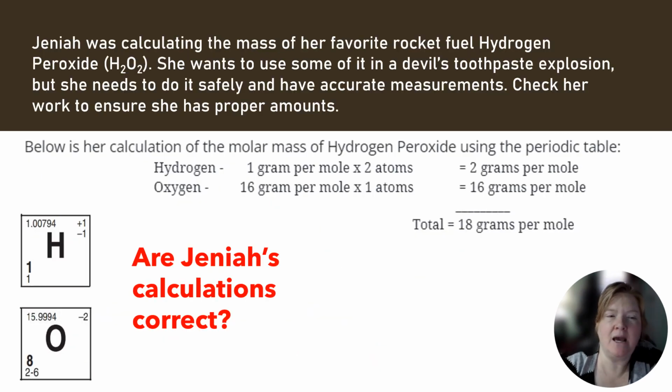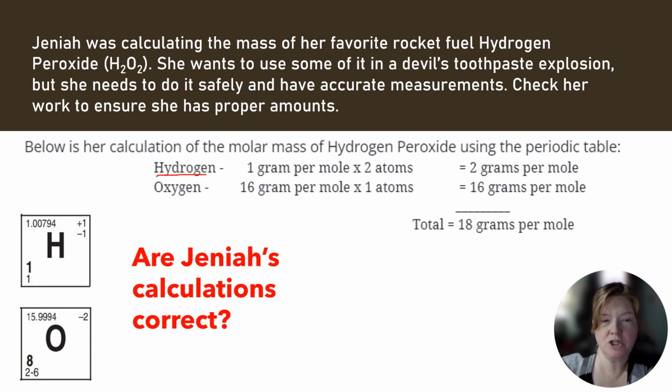All right, Janaya was calculating the mass of her favorite rocket fuel, hydrogen peroxide. I don't know, that's just her favorite. She wants to use some of it in a devil's toothpaste explosion, but she needs to do it safely and have accurate measurements. Check her work to ensure she has the proper amounts. So this is her calculation of the molar mass of hydrogen peroxide using the periodic table.